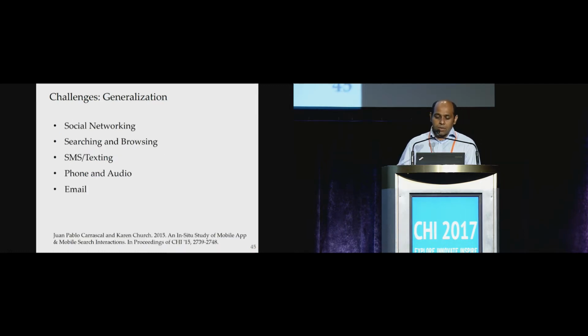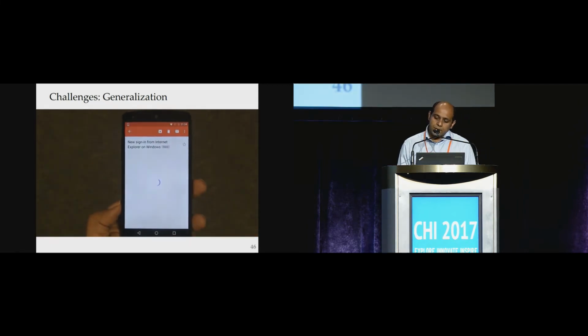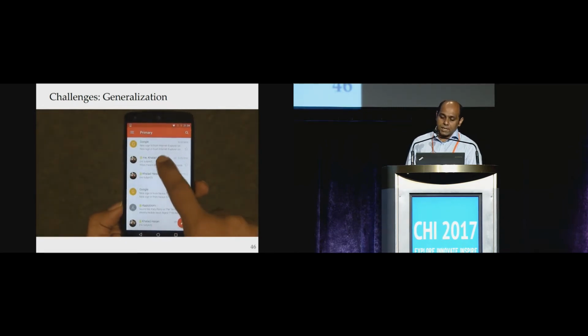So to answer the generalization issue, we investigated 2 applications under these 5 top list categories: social networking, searching, browsing, SMS, phone, and email applications. And we observed that due to the limited display space, frequent pane switching is common for all of our investigated applications.